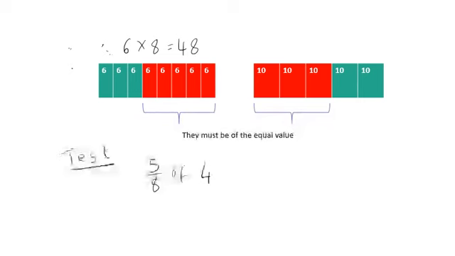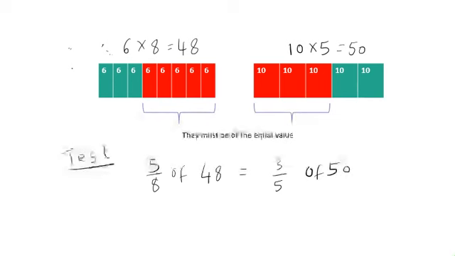Of 48. Is that really the same as 10 times 1, 2, 3, 4, 5 as 50? Is it? Let's see. So let me quickly write this one down. The question was 3/5 of 50.